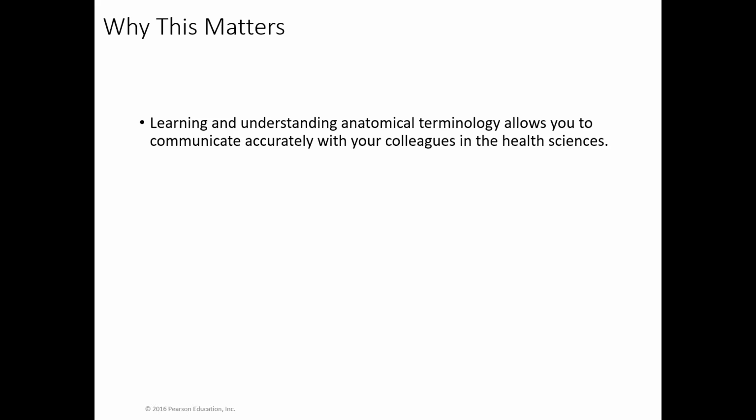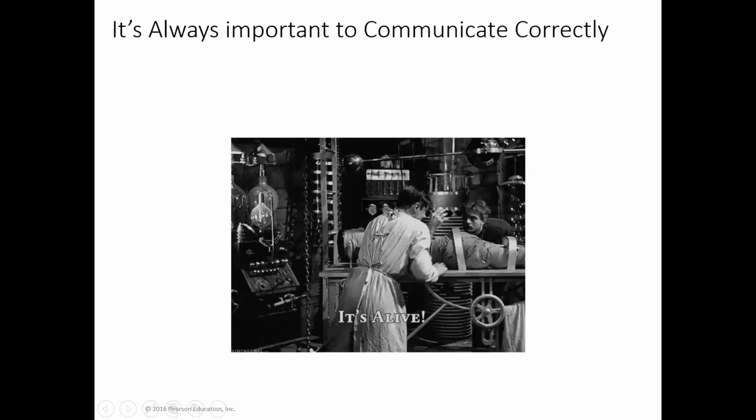We have to use terms like dorsal for the back and ventral for the front, anterior for above and posterior for below, superior and inferior. We have to use the proper terms because everybody uses those terms in healthcare, so we all know what they mean. Communication is very, very important.